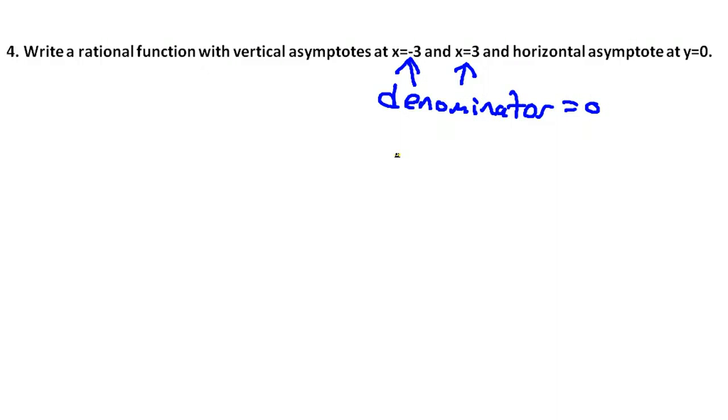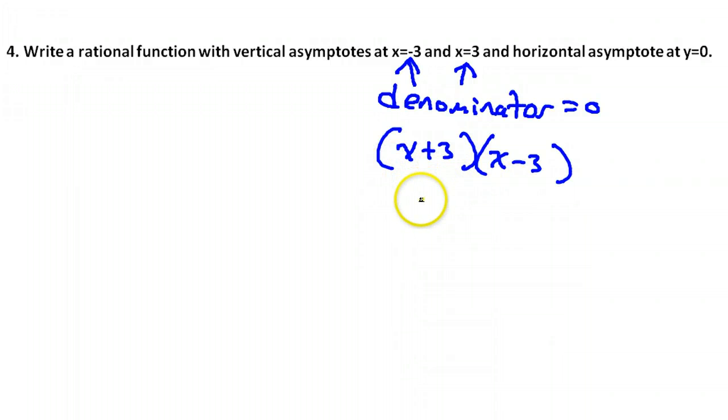Okay, so let's think about that. If the denominator is going to equal 0 and give me this, then I must have had factors like x plus 3, x minus 3 in the denominator. Because if I set those equal to 0, I would get negative 3 and positive 3 out of it. Okay, so this is what my denominator must look like. But let's go ahead and multiply these together. If I FOIL this, well, you recognize this is the difference of two squares, x plus 3, x minus 3.